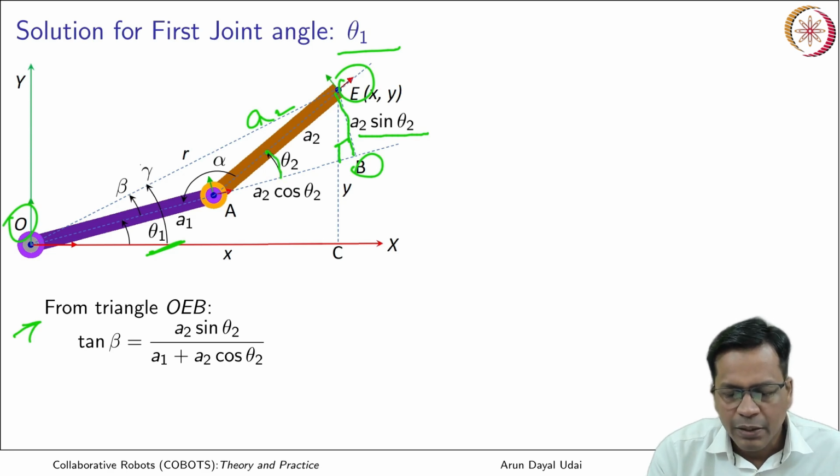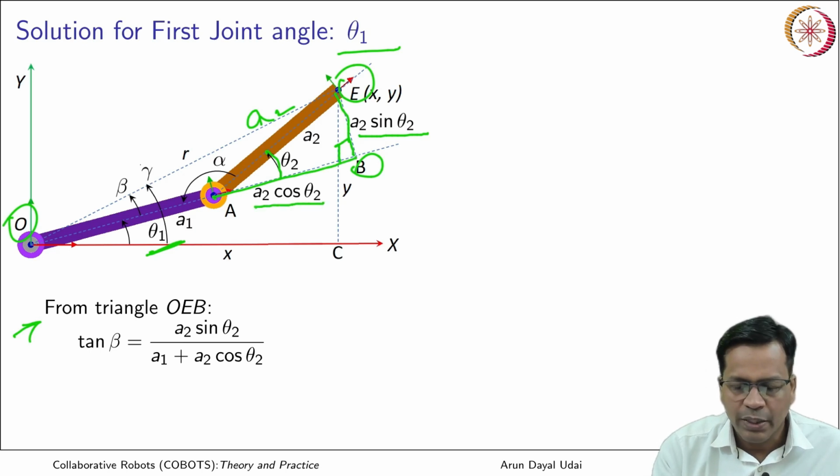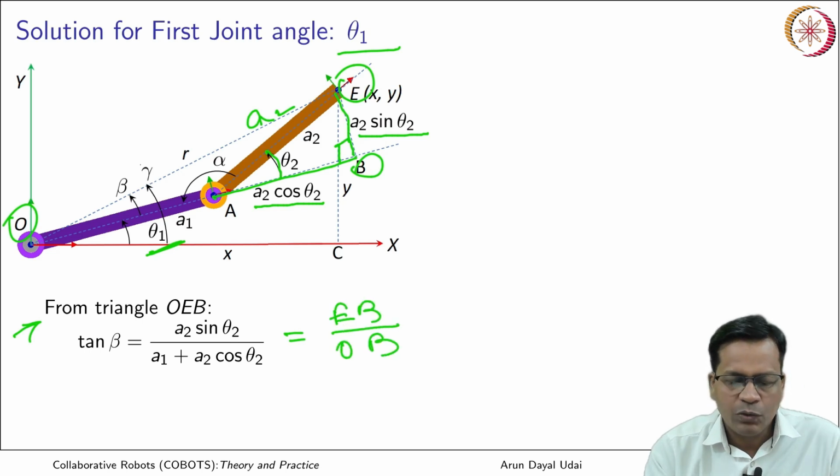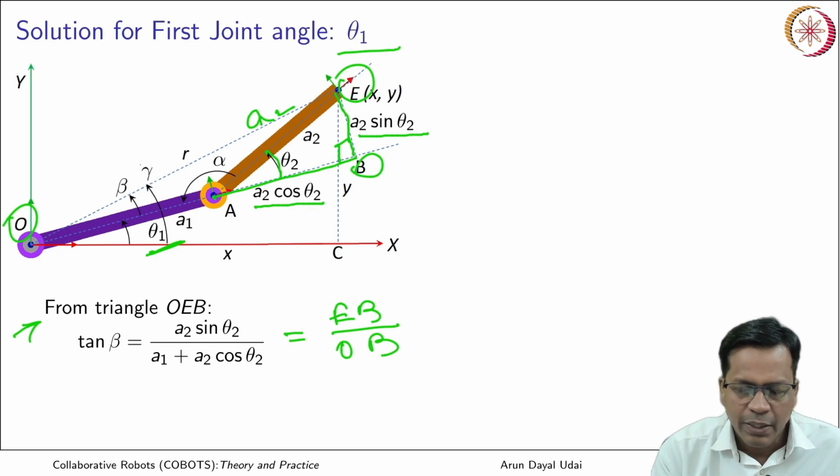And similarly, AB is A2 cosine theta 2. Now this is actually equal to EB by OB. How much is OB basically? OB is A1 plus A2 cosine theta 2, that goes to the denominator, and the perpendicular is A2 sin theta 2.